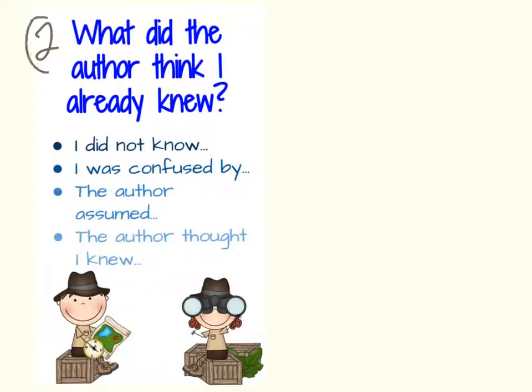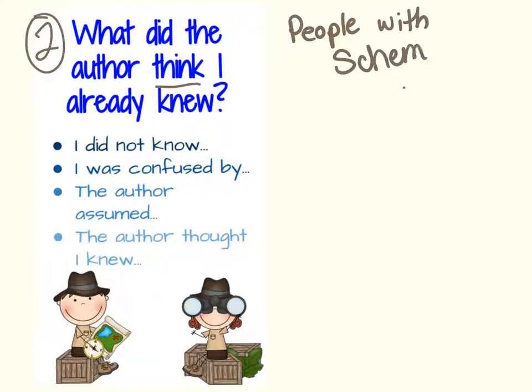Here's the second big question I keep in mind. What did the author think I already knew? Sometimes when we read texts, they might be written for people who already have background knowledge or schema about something. For example, when I read a text for improving how I teach, it's written for teachers, and so it automatically assumes that I already know certain things.